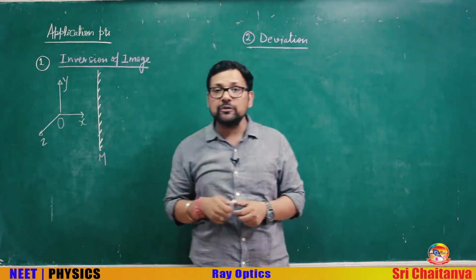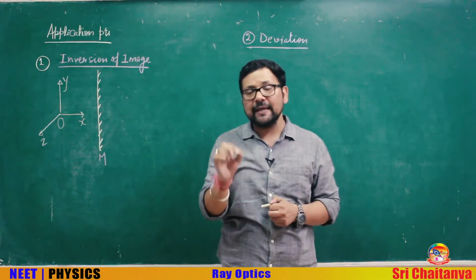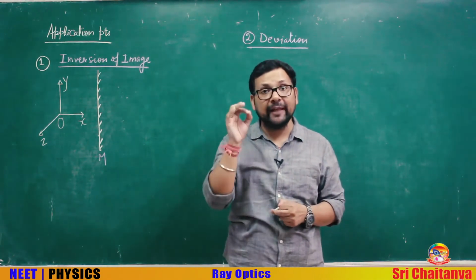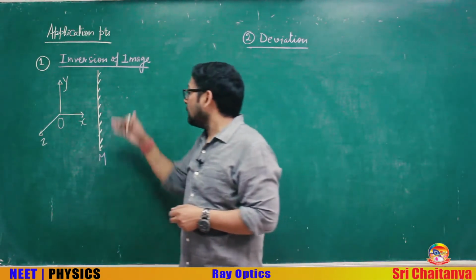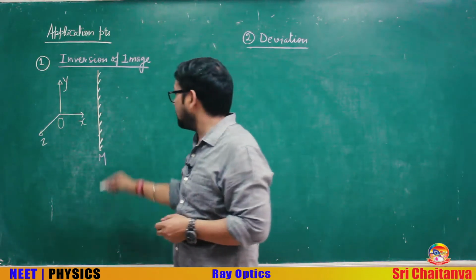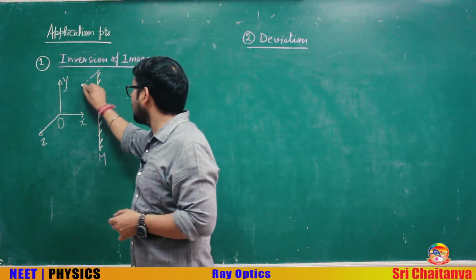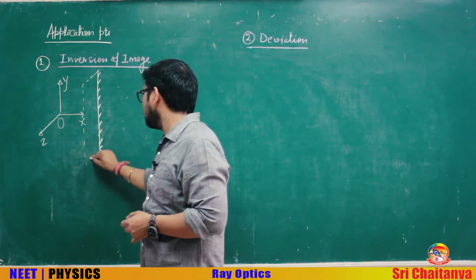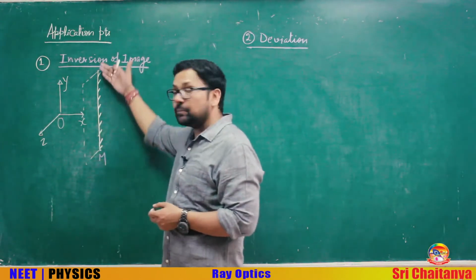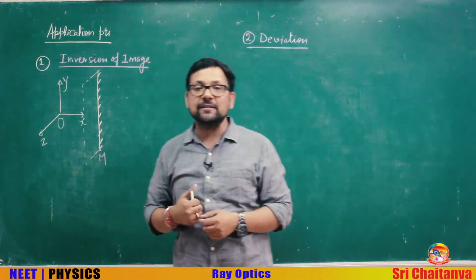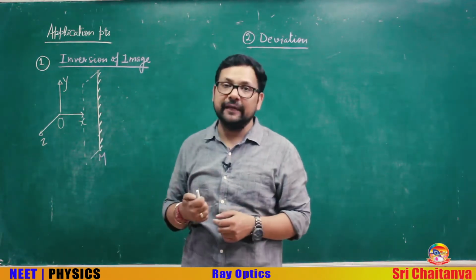Now you have to see which axis is perpendicular to the plane of the mirror. I have only drawn the mirror as a line, but the mirror would have a plane like this. Which axis is perpendicular to that plane?